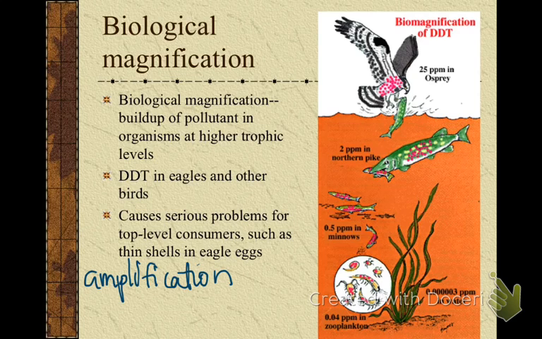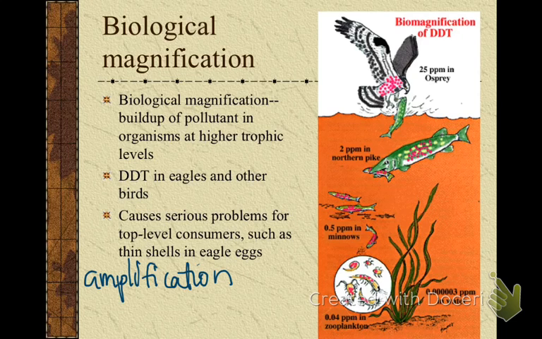And so finally the top consumer was so magnified, so concentrated, that they would die, or they wouldn't be able to reproduce. In this example, the shells of the bald eagle eggs were so soft and brittle that they wouldn't be able to survive.